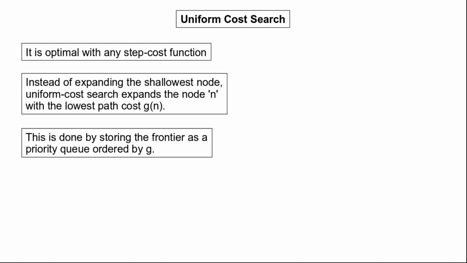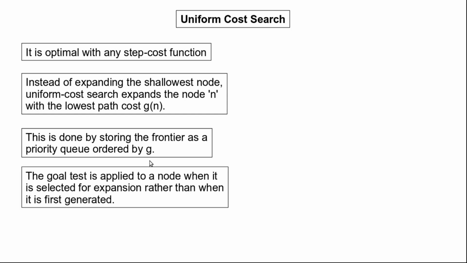In case of BFS, the frontier list is maintained as a FIFO queue. However, in uniform cost search, the frontier list is maintained as a priority queue ordered by g. Again, it will be clear as we look at one example.